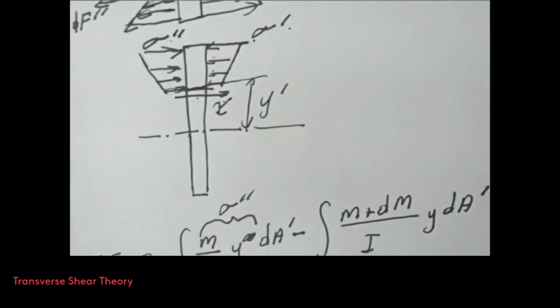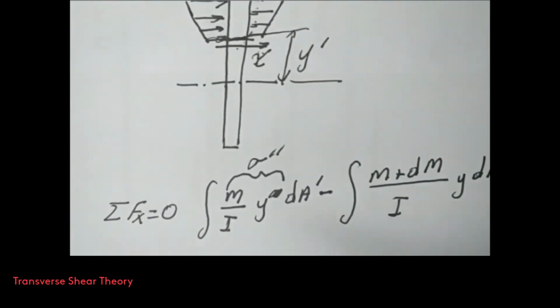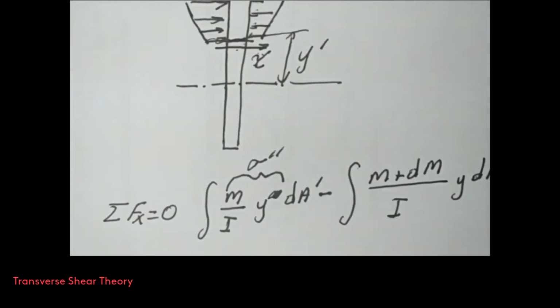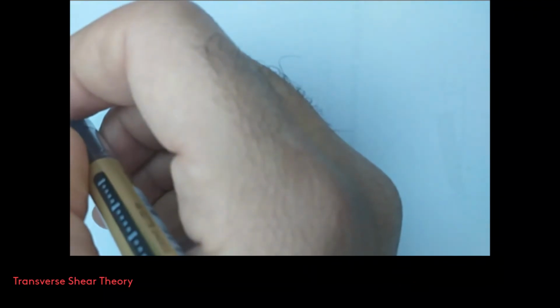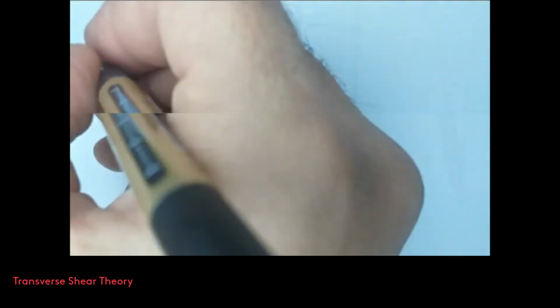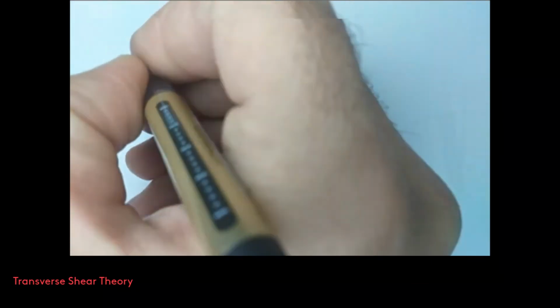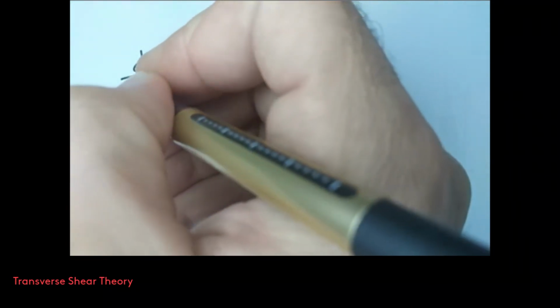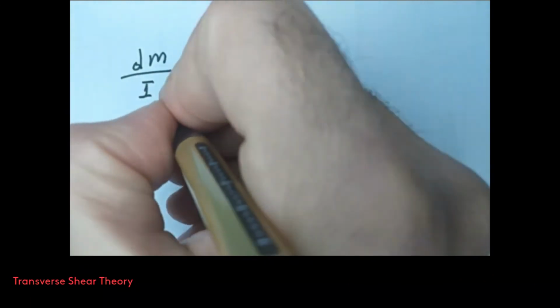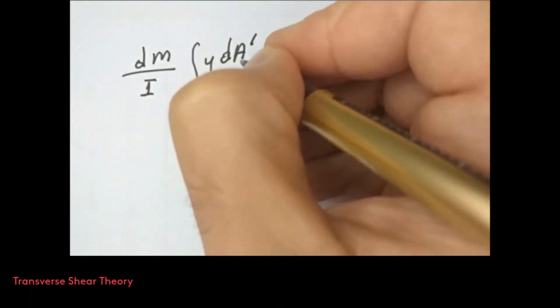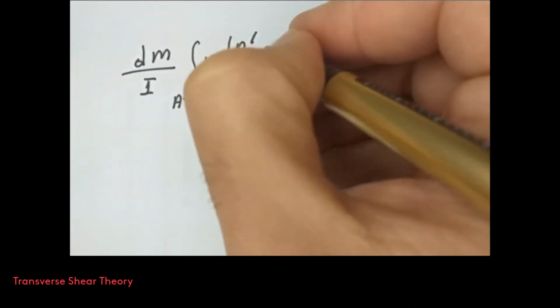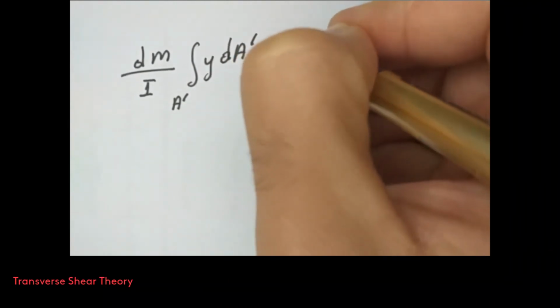Because M over I y dA prime terms will cancel each other, and of course, since the other side of the expression is equal to 0, we will then have dM divided by I, integration over A prime, multiplied by y dA prime, is equal to tau t dx.